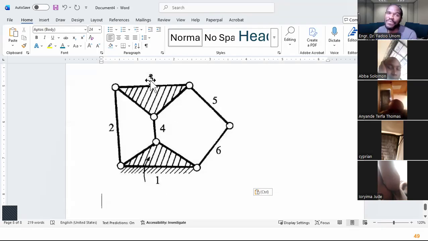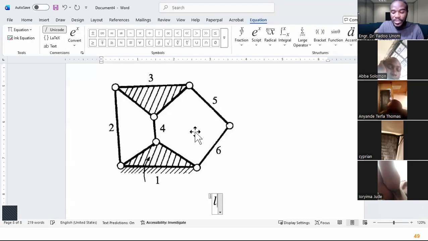This one here is another link. Link 2 connects link 1 to link 3, right? Link 4 connects link 3 to link 1. Link 5 connects link 3 to link 6, right? And then like that. So how many links are there? 1, 2, 3, 4, 5, 6. So there are 6 links.